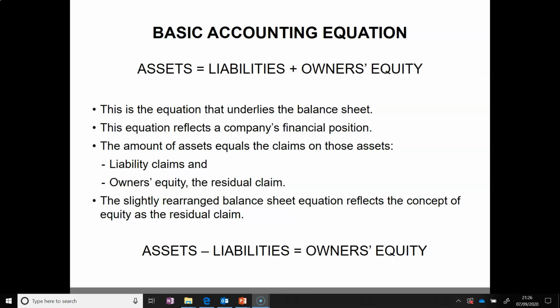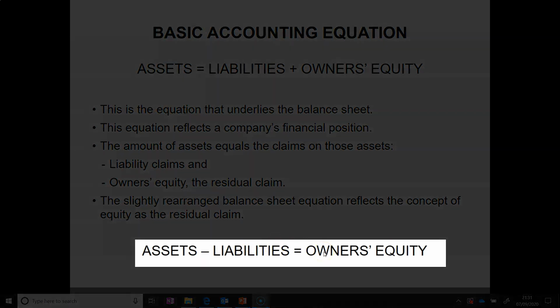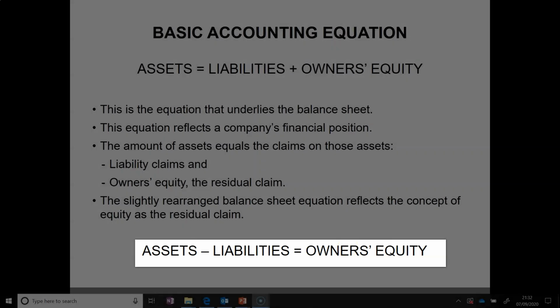Of course, owner's equity represents a residual claim and liabilities have a senior claim on the resources, that is the asset of the business. Rearranging the accounting equation, we get owner's equity as the difference between assets and liabilities. Owner's equity is a residual claim on the assets of the business.